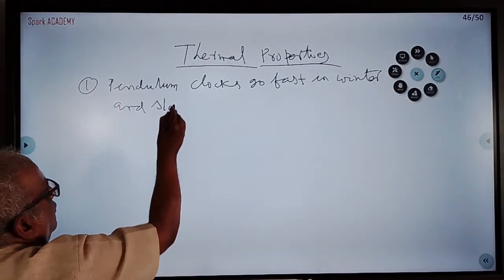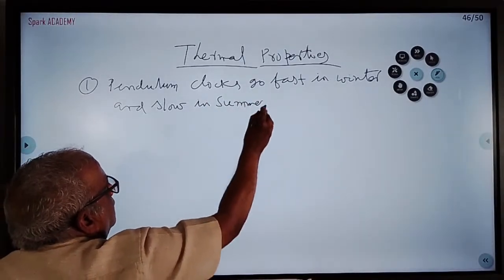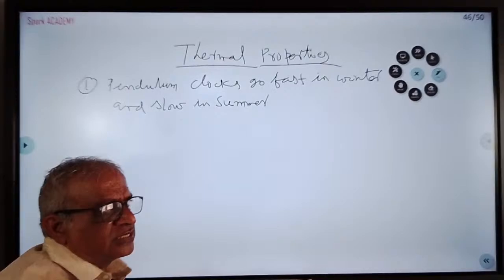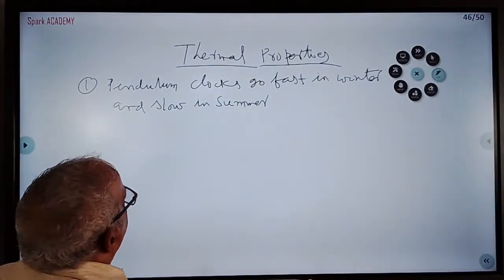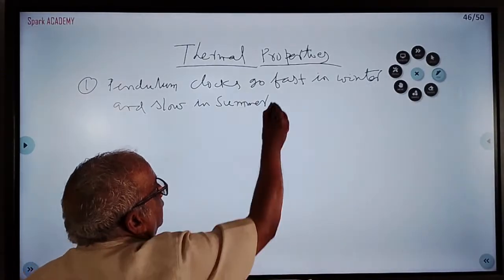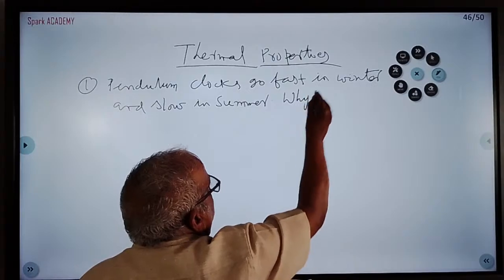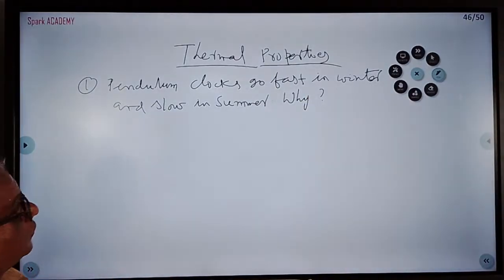This is asked. Now winter is going and summer is approaching, so the temperature will increase. Pendulum clocks go fast in winter and slow in summer. Why? This is an important 4 marks question for us.